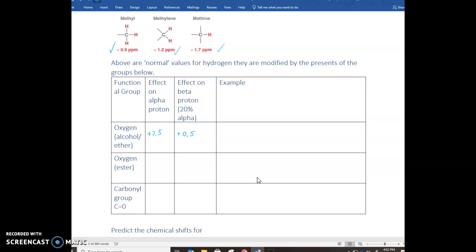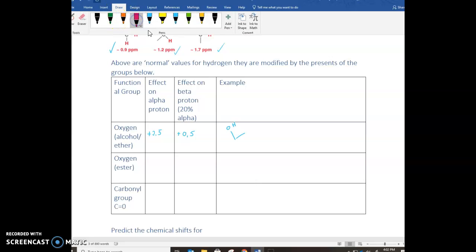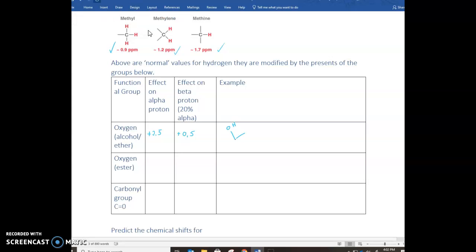So let's look at an example. And let's change some color here. This is a methylene group, the red here. It's a CH2.